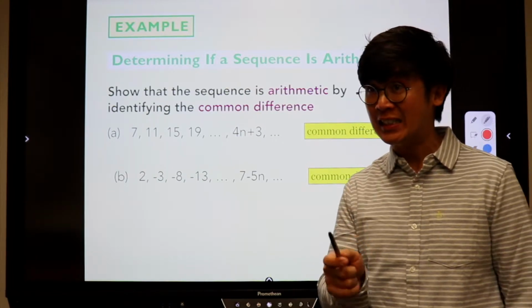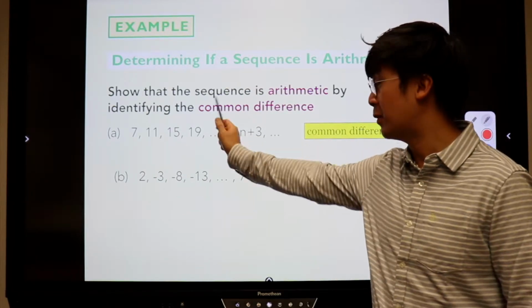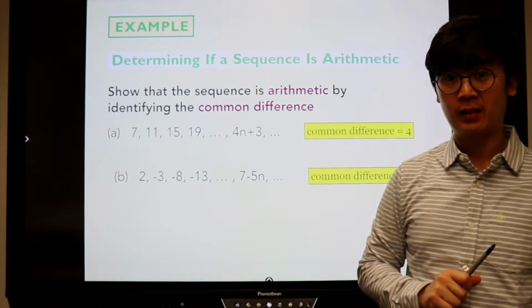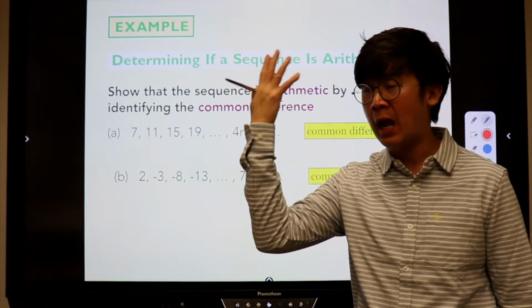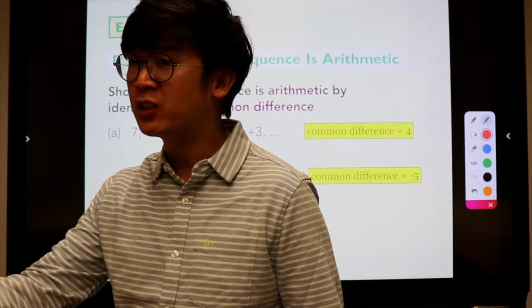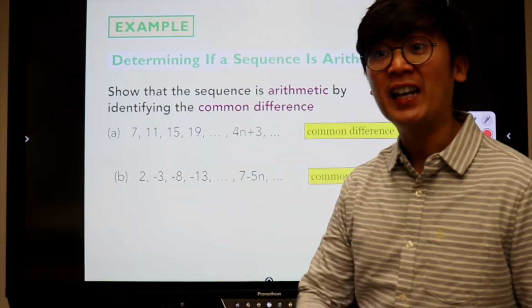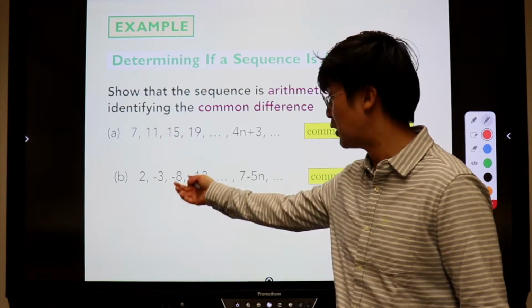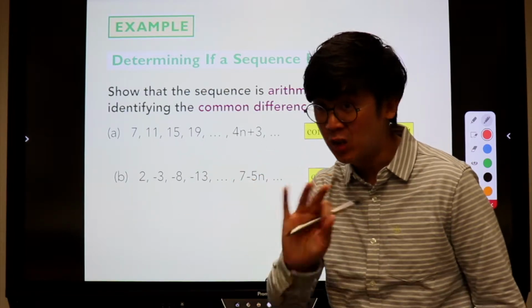And if your sequence is increasing, like problem letter A, expect that your common difference is positive. It's just another rule or pattern to think about when you're dealing with sequences. It's either positive or negative, and you know that just by looking at the sequence without even solving it.